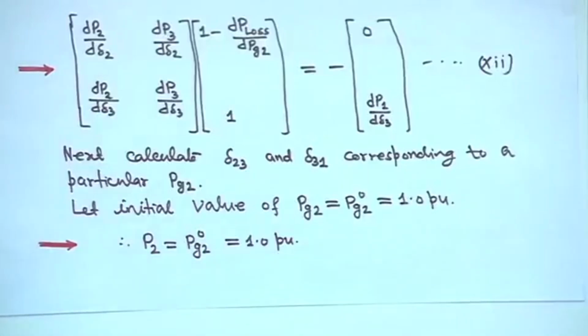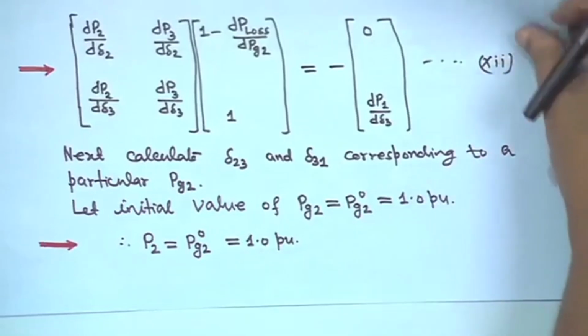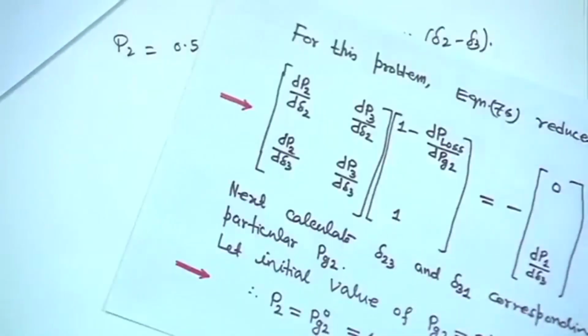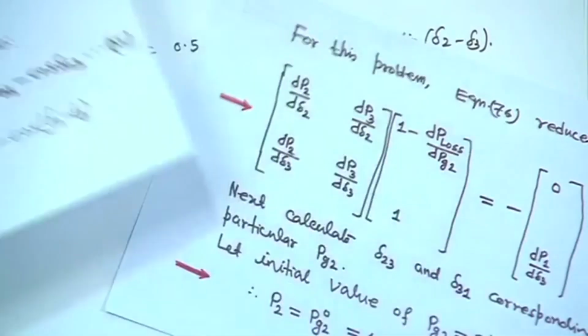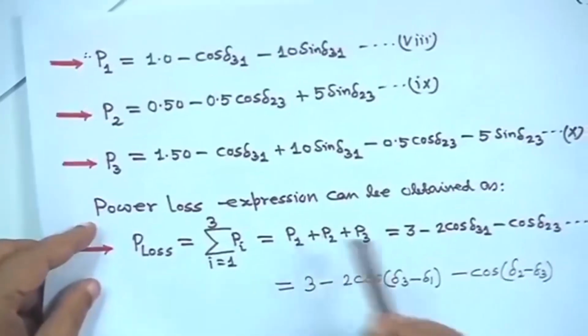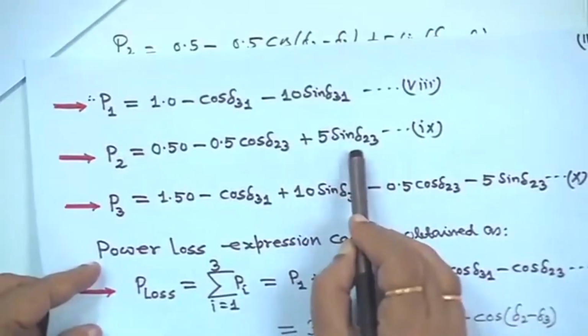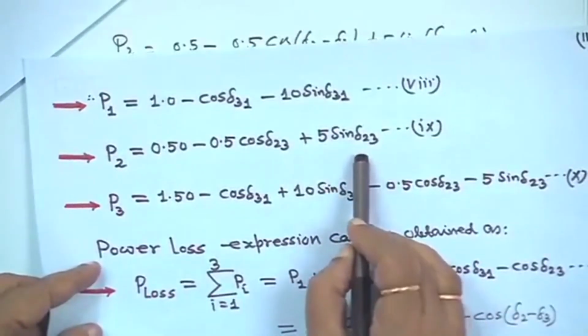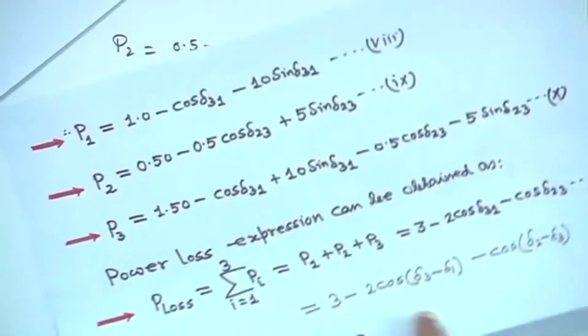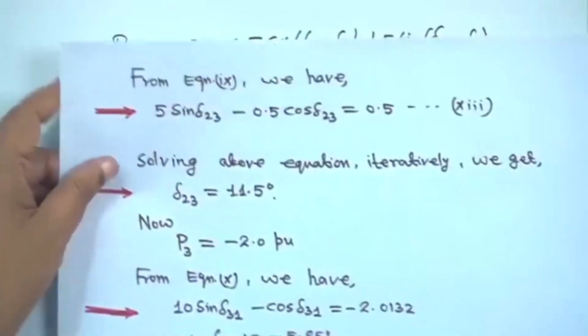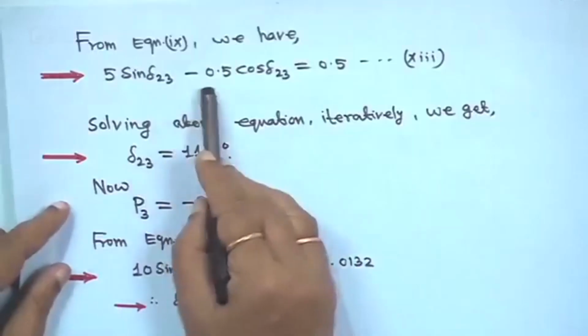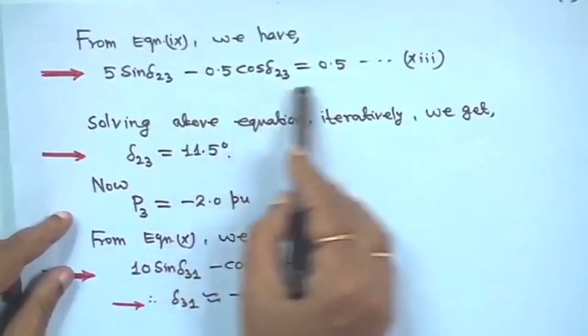That means, from equation 9, the P2 expression, where P2 is equal to Pg2(0), we write 5 sin δ23 minus 0.5 cos δ23 is equal to 0.5.